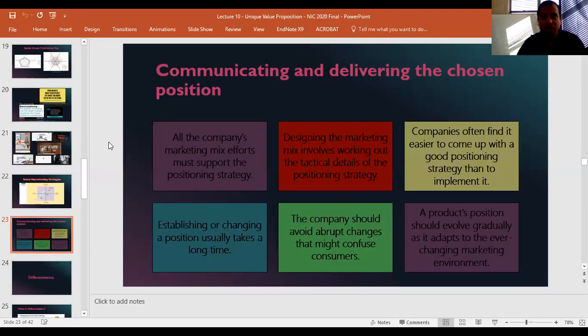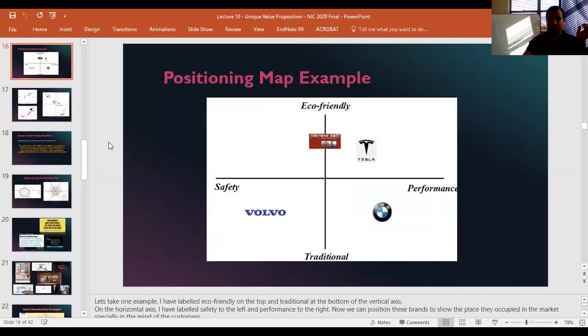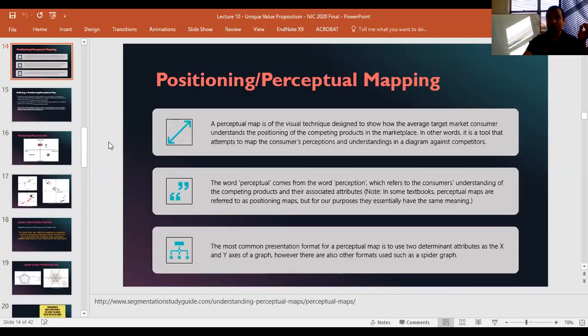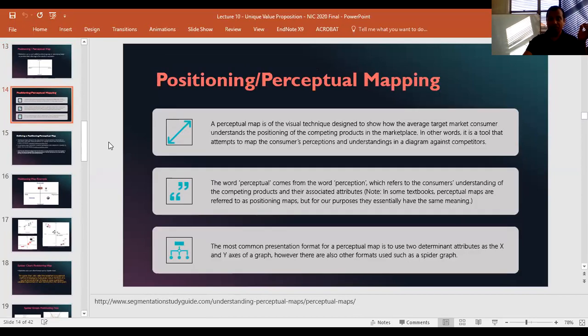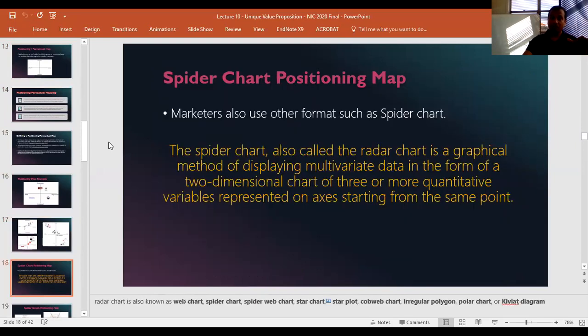So what we understood is product positioning. We understood the positioning map or the perceptual map. We have seen some examples, and just like product positioning, you can think about brand positioning. There is a confusion all the time: is it market positioning or is it product positioning? So keep in mind it is a holistic one, an integration of both.